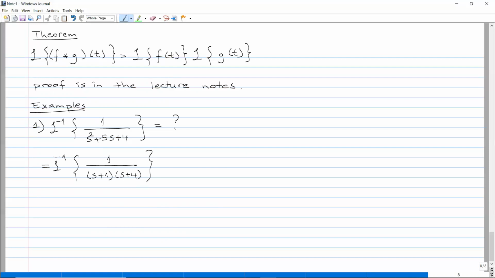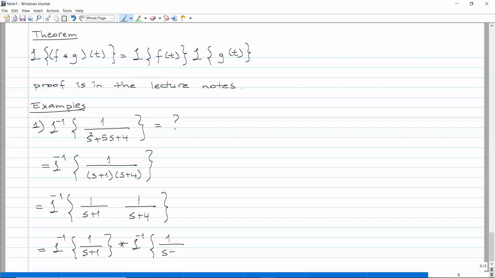But now with convolution, we can consider this as the product of 1 over s plus 1 and 1 over s plus 4. So by this theorem, the inverse Laplace is going to be the inverse Laplace of 1 over s plus 1, convolution inverse Laplace of 1 over s plus 4.